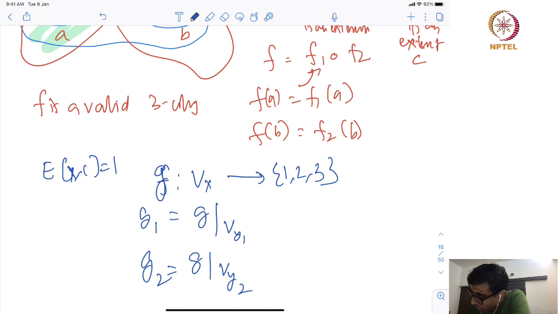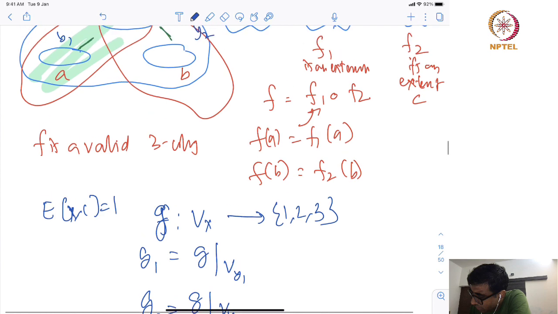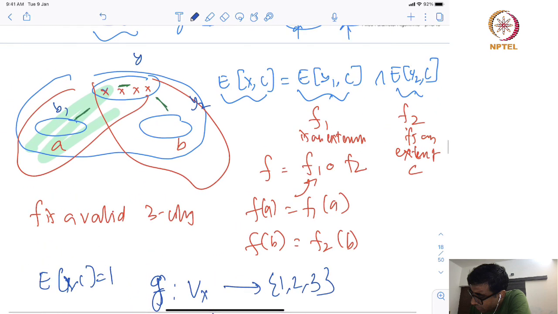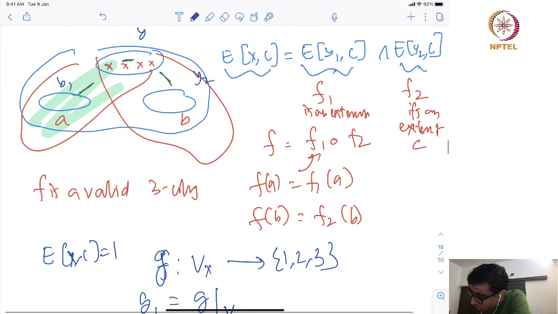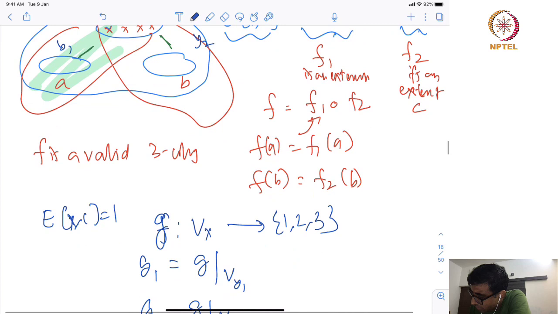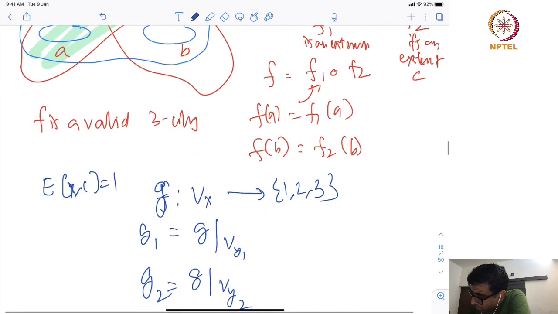It matches on the right-hand side. But then what does this show us? I have been able to show that there exists a valid 3-coloring in Y1. It means E Y1 comma C will evaluate to 1 because of the existence of G1. Similarly, E Y2 comma C will evaluate to 1 because of the existence of G2.